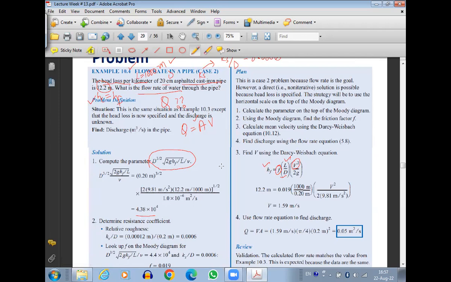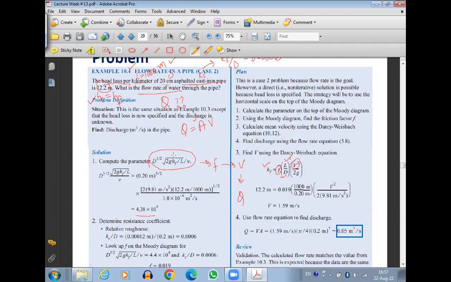The approach would be: find out this term to find out the friction factor. And then once we have the friction factor, use the Darcy-Weisbach equation to find out velocity. And then once we have velocity, find out Q.